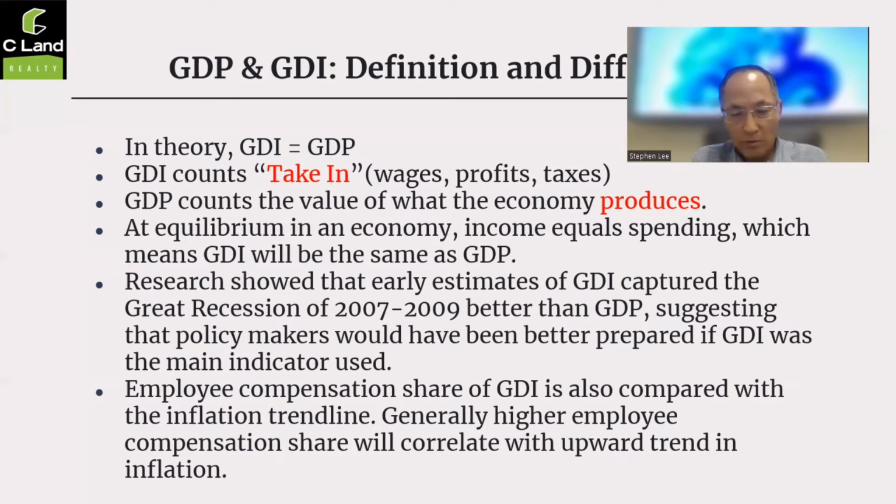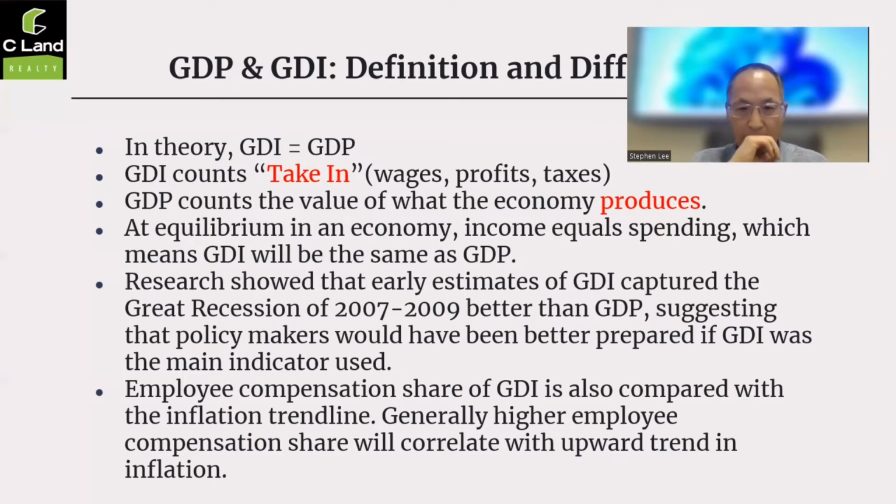And the research shows that only estimates of GDI captured the Great Recession of 2007 to 2009 better than GDP. Well, what does it mean? It means if you research GDI and monitor GDI, that would be the better indicator of any economic move, either expansion or recession.